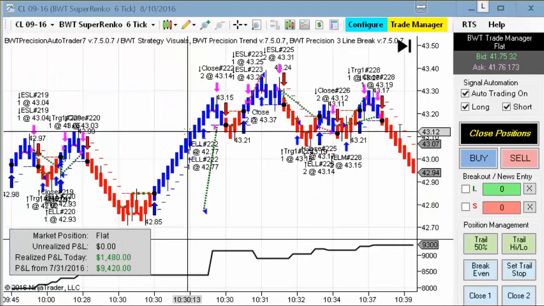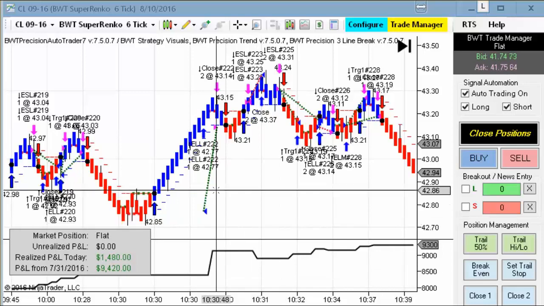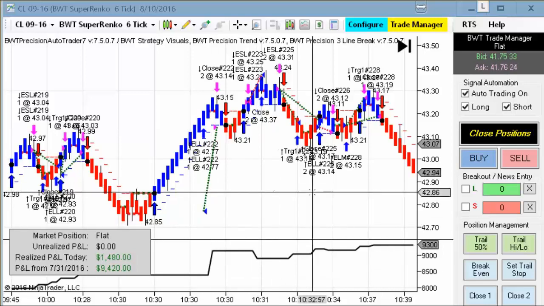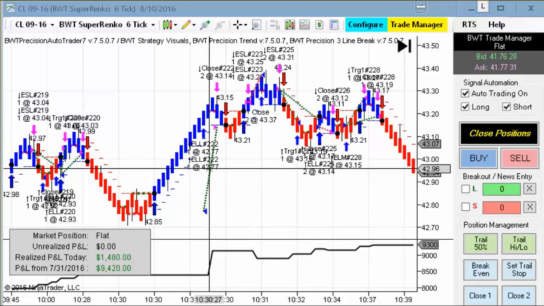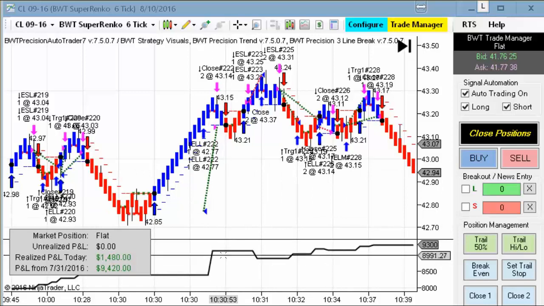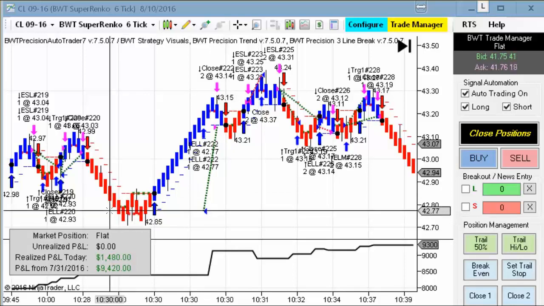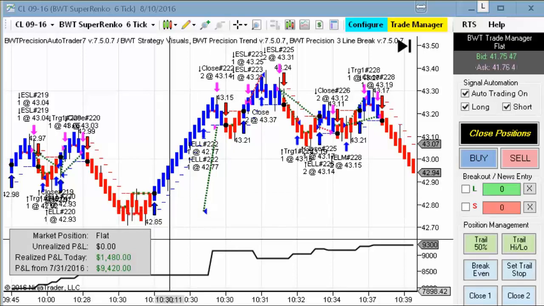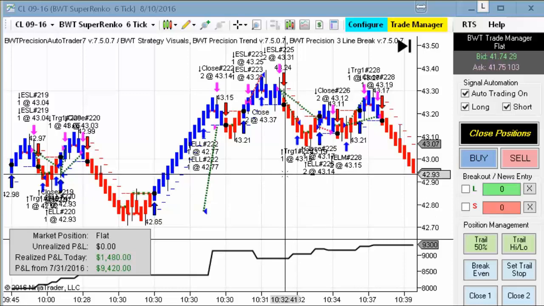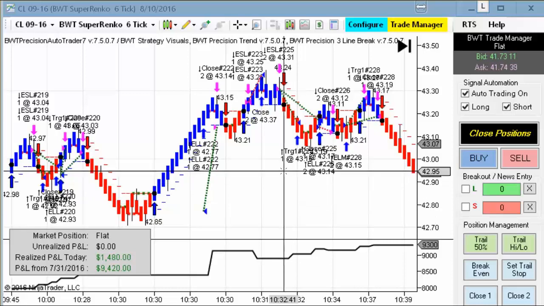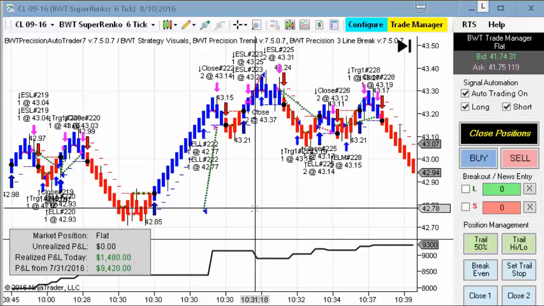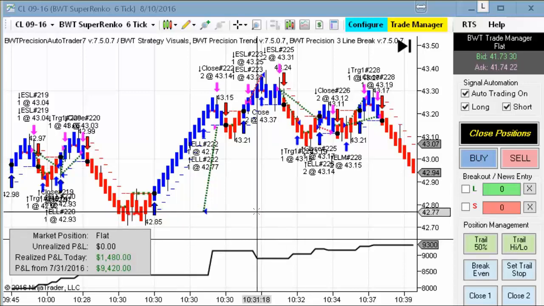Okay, this is another chart of the crude oil on a Super 6 tick. This is slightly different settings. This one, again, notice no H's next to the trade, and we've been letting the crude oil trade through the crude oil inventory announcement, and the auto trader handles it like a champ. There is no competitor whose auto trader executes as correctly and efficiently as ours does, as our auto trader is written in unmanaged mode, and the program is super stable.